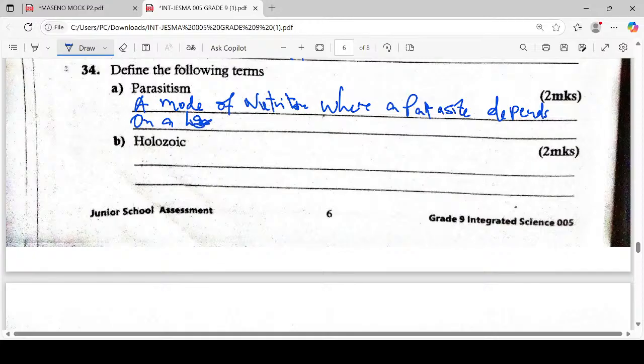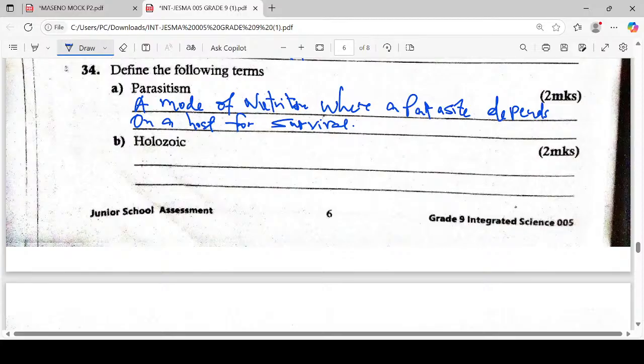Sorry, you can see that misbehave. My pen is taking time to write. Depends on a host for survival. Hope you can still read that handwriting.